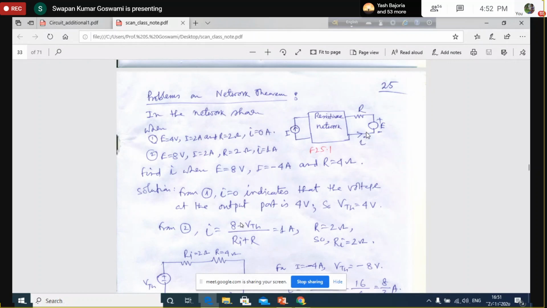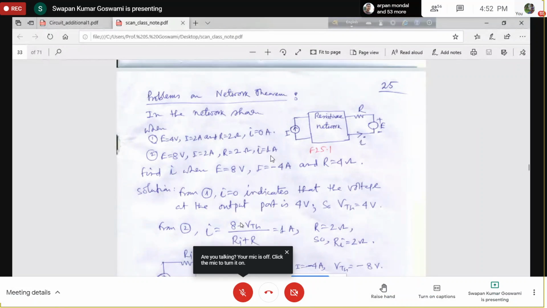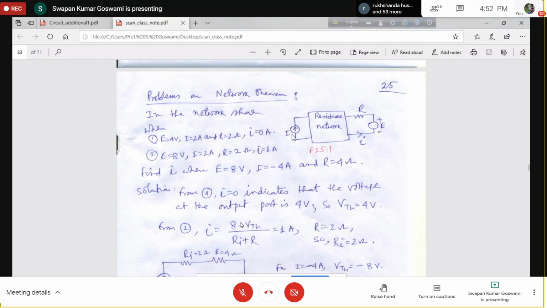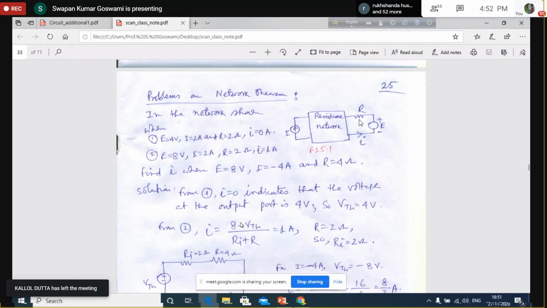That means this is equal to 4 volt, this current source value equal to 2 ampere, resistance is 2 ohm, then under this condition, this i becomes equal to 0. This is condition 1. Second condition: E is made 8 volt, I is maintained at 2 ampere, R is 2 ohms, then this i now becomes equal to 1 ampere. So these are the two measurements given.